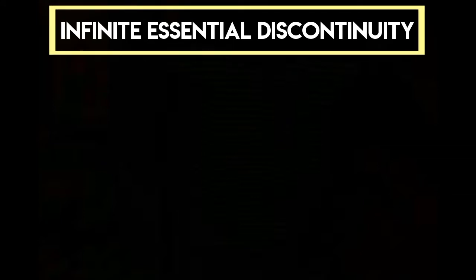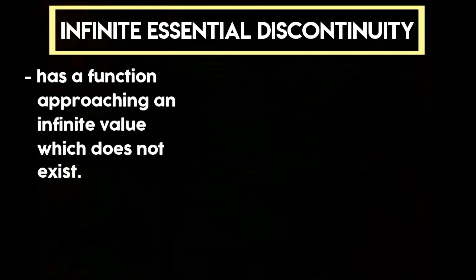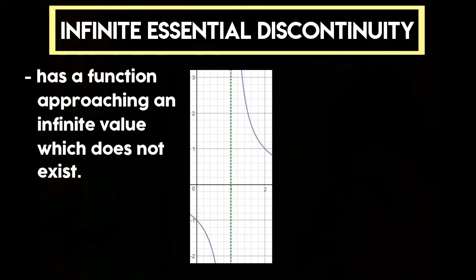Finally, we have the infinite essential discontinuity. An infinite essential discontinuity has a function approaching an infinite value which does not exist. Let's have a graph of this discontinuity. Let's say we have an asymptote at x equals 1. And when we try to trace the graph from the left, you'll see that it is unbounded. The same goes for the right side of the asymptote.